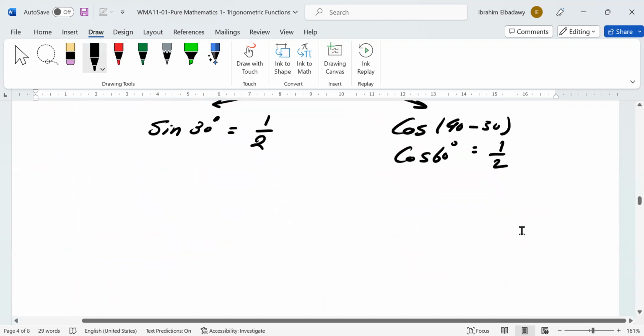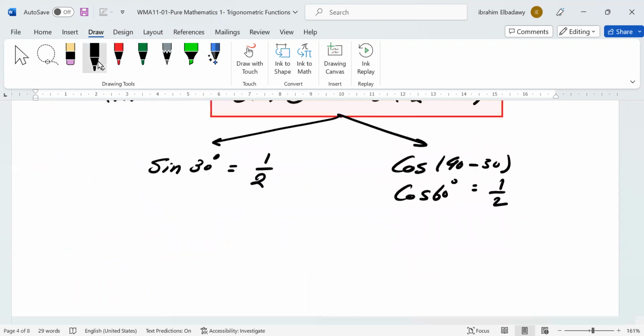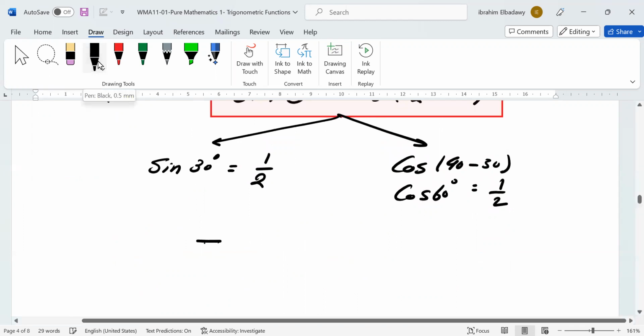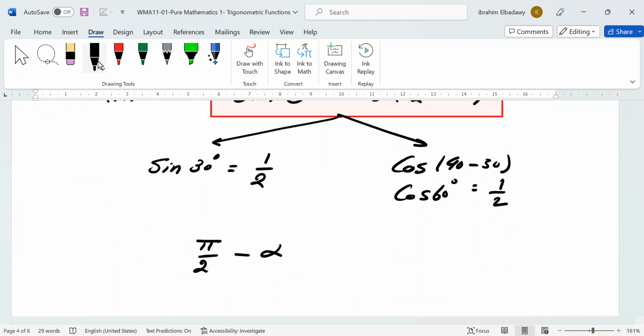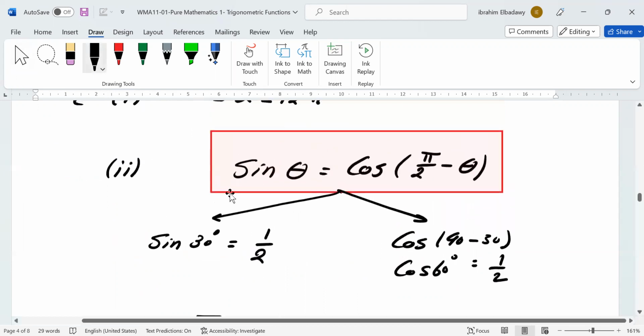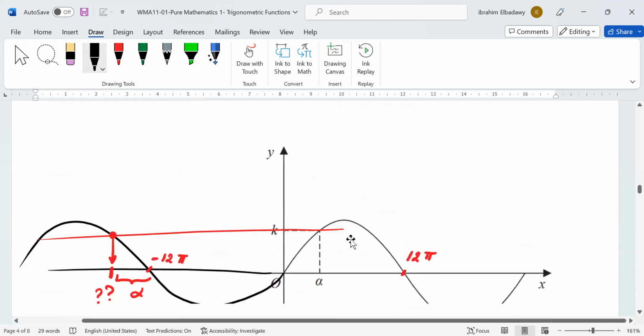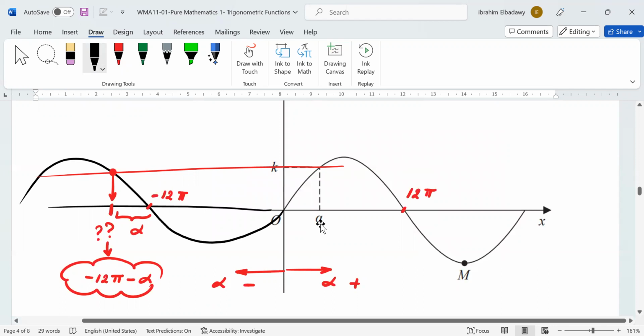Actually, another student wrote 90 or pi over 2 minus alpha, because if theta is alpha, then this is pi over 2 minus alpha, because you said here alpha, right? But alpha in this diagram is not like theta.